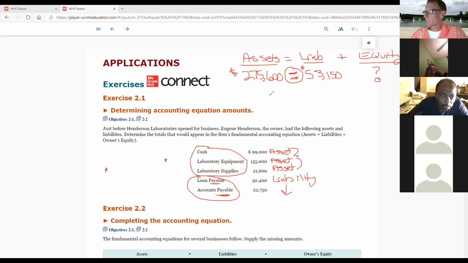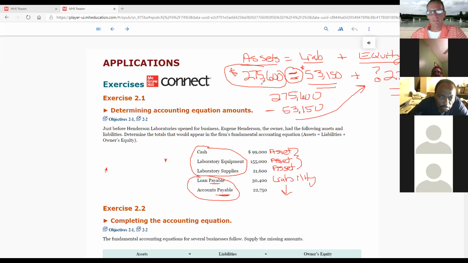If you take 275,600 and subtract 53,150, that is your equity balance. I got 222,450. There you go. If you take 53,150 and add 222,450, you come up with that 275.6.